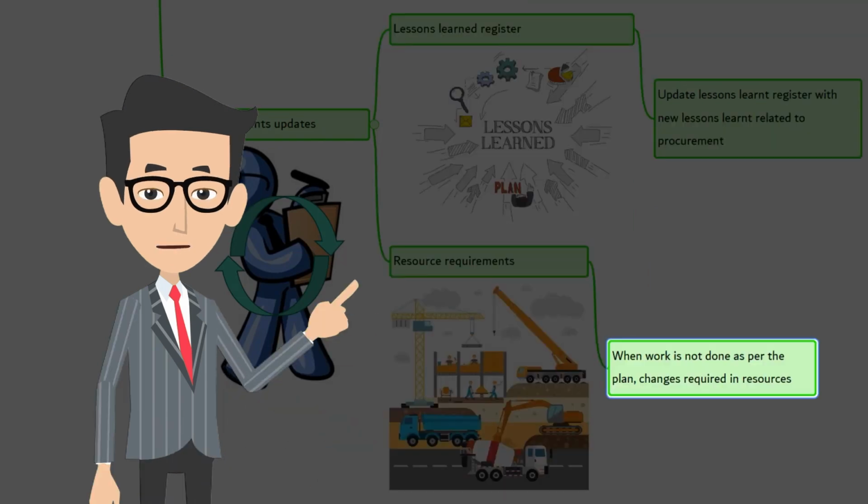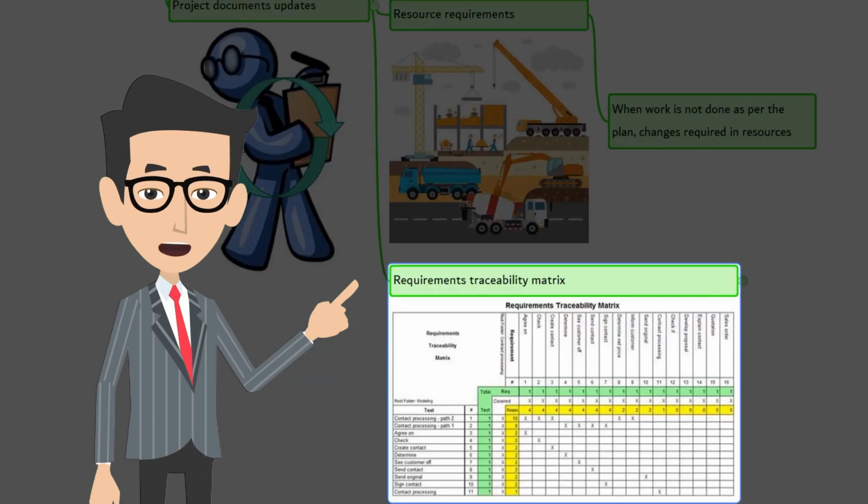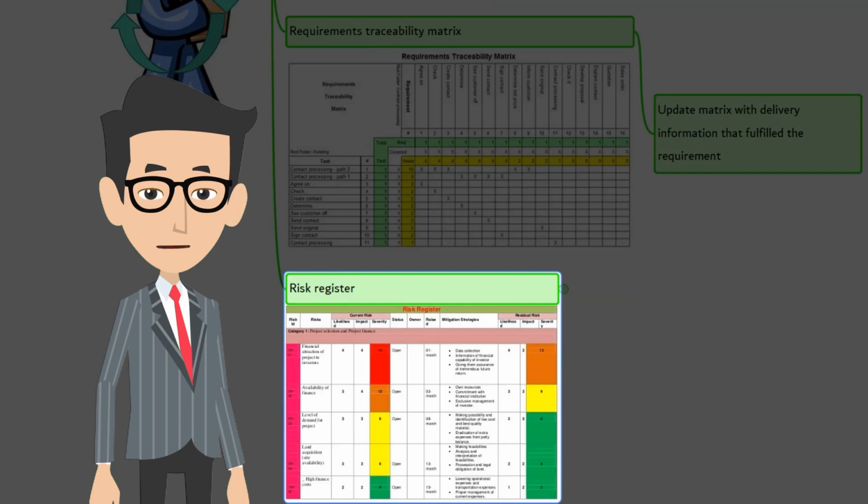Resource requirements. As the work gets carried out by the contractors, there may be changes to the resource requirements resulting from work being done that is not in accordance with the planned work schedule. Requirements traceability matrix. The requirements traceability matrix is updated with the information on requirements that have been satisfied. Risk register.